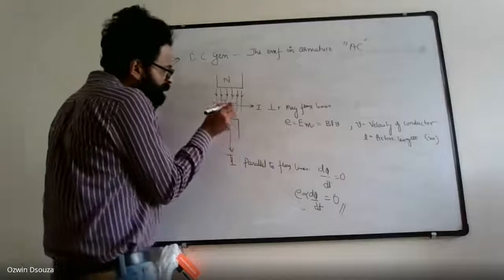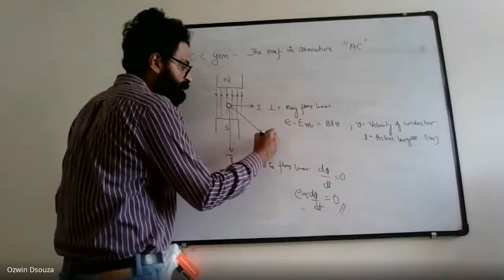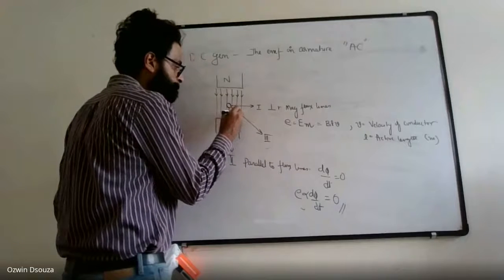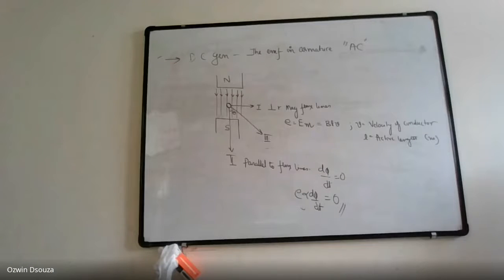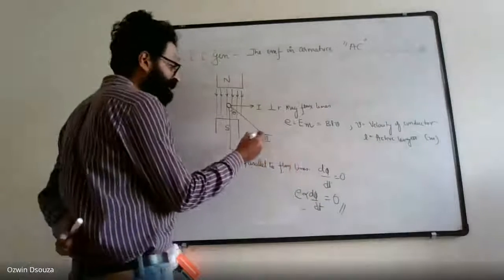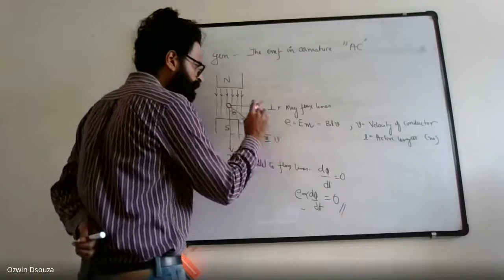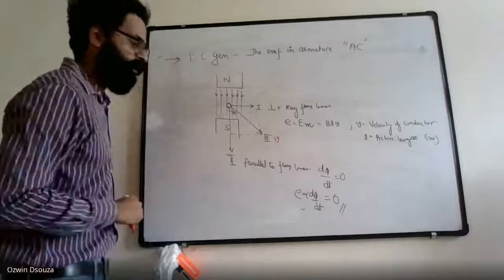On the other hand, if the conductor is inclined at an angle theta with respect to plane of flux, let's say this is the angle theta, then the motion of the conductor can be resolved into two components, right?